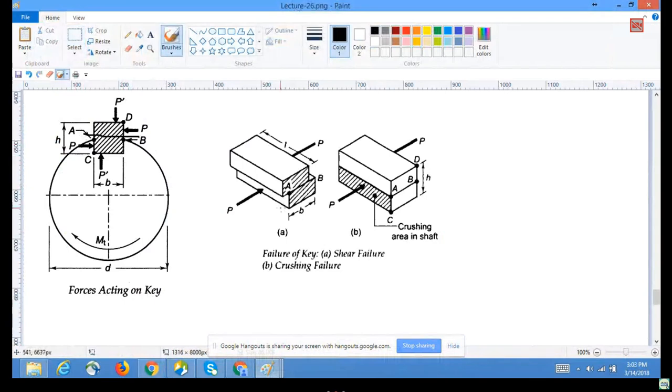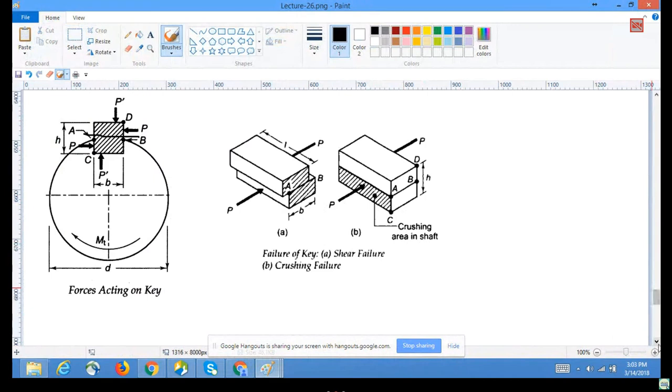That is what is shown as the shear failure in this figure. Or, because of the interaction happening at the keyway and the key, there can be a crushing failure on this contact surface. That is the second kind of failure that can be observed. To avoid this, we will see how to design the keyways to avoid these two failures.